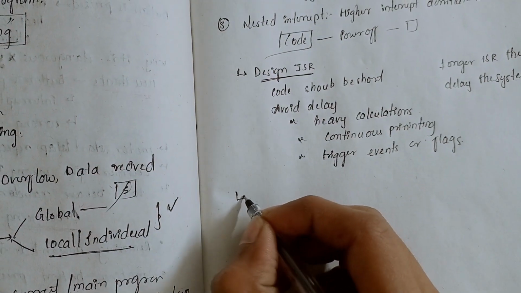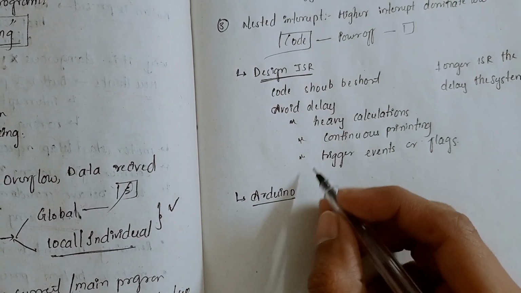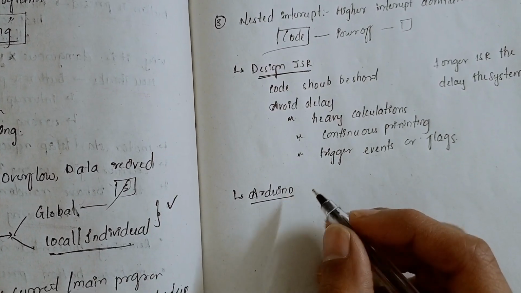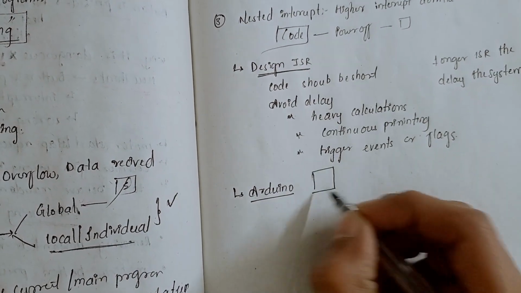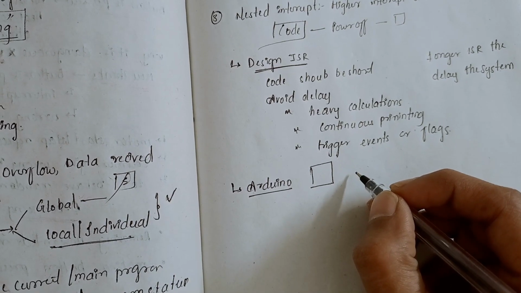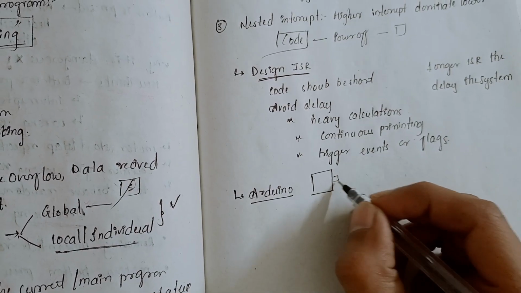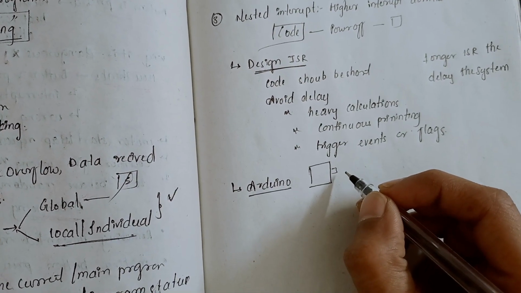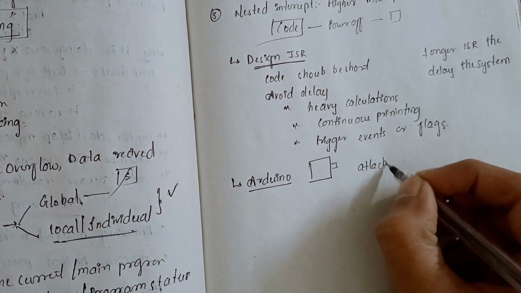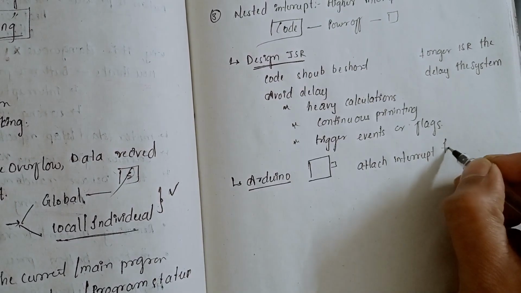So let's apply this to an Arduino concept and verify it for industrial cases. Generally in Arduino boards, external interrupt pins are used for interrupts. These are connected using the attachInterrupt function.